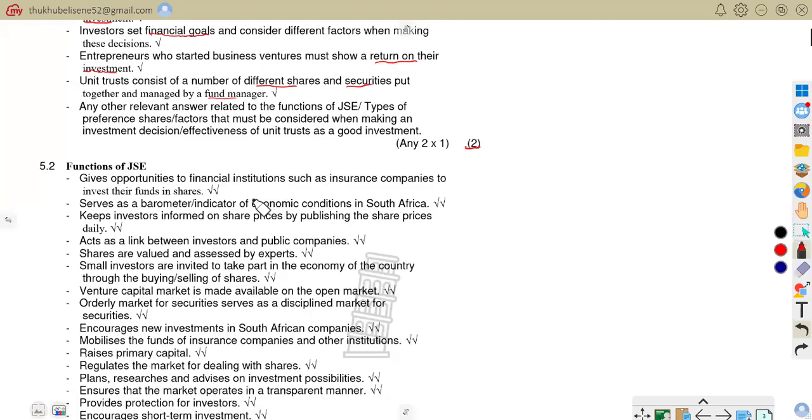So they can be able to trade, invest and raise funds through shares.